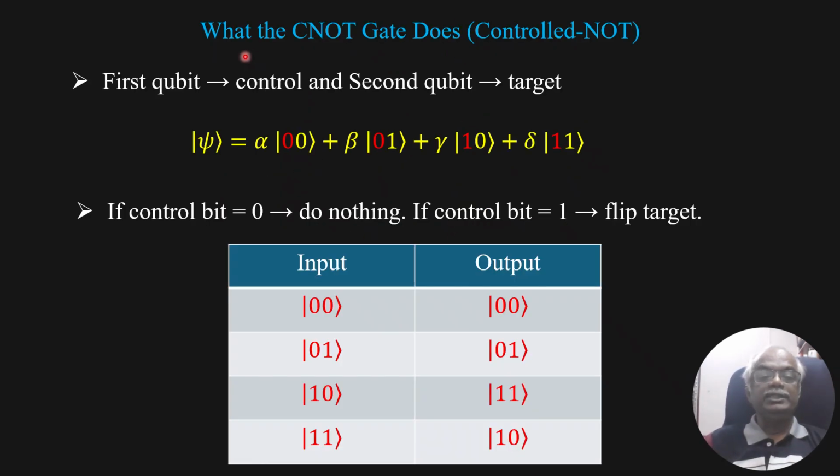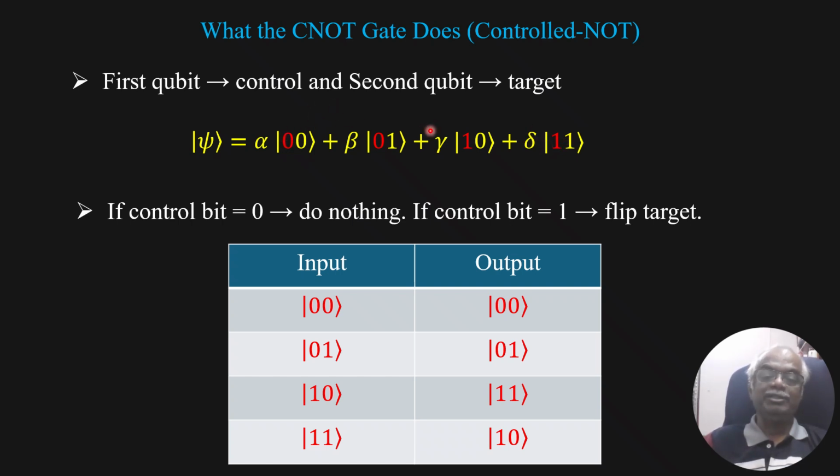Now we will see what the CNOT gate does, that is the controlled NOT gate. Here this 2-qubit state can be written as ket psi is equal to alpha times ket 0,0 plus beta times ket 0,1 plus gamma times ket 1,0 plus delta times ket 1,1.